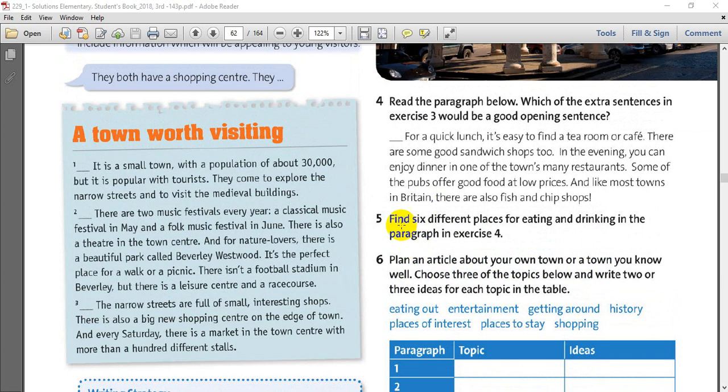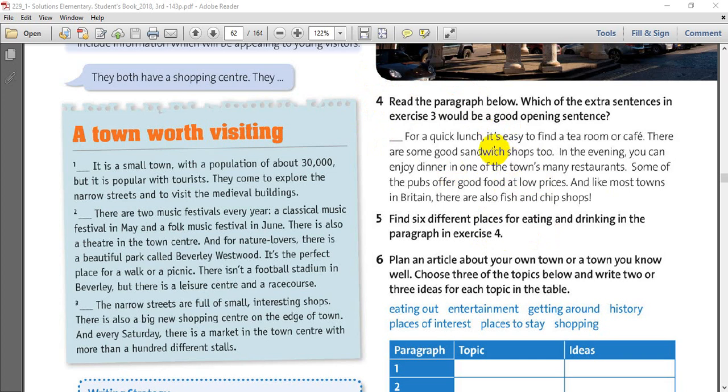Number 5. Find 6 different places for eating and drinking in the paragraph in exercise 4. So let's go back to exercise 4. What's the main topic of this paragraph? The main topic is food.